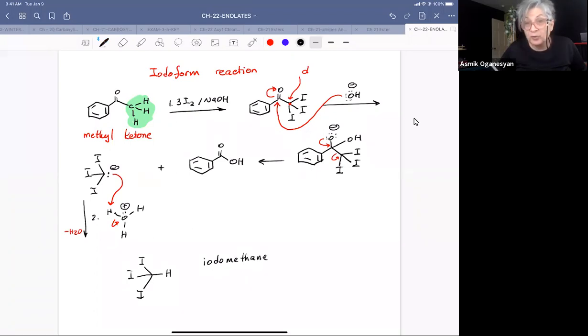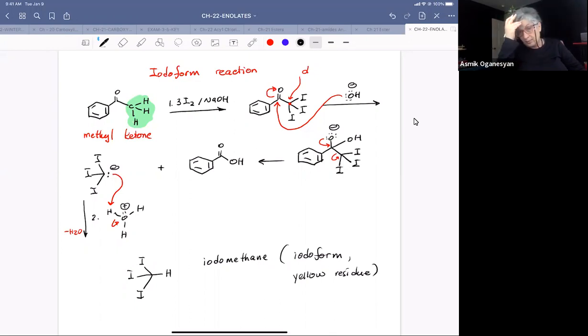The common name for iodomethane is iodoform. It's a yellow precipitate, and you will be able to distinctly see it if you have a methyl ketone. And your iodomethane is highly carcinogenic.